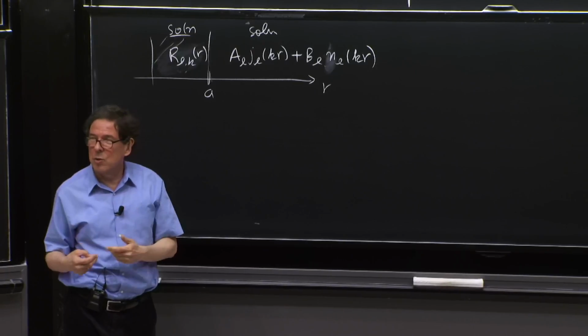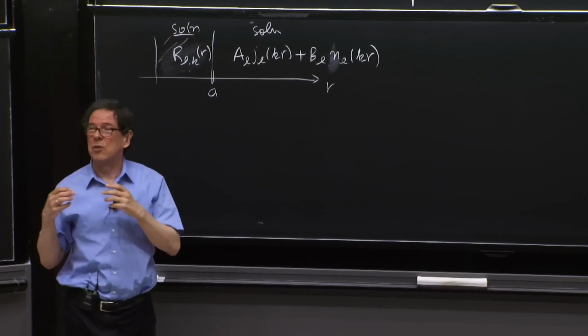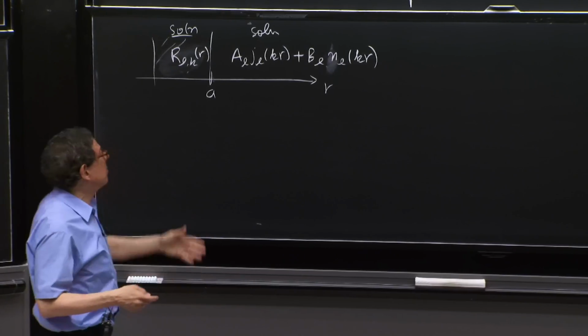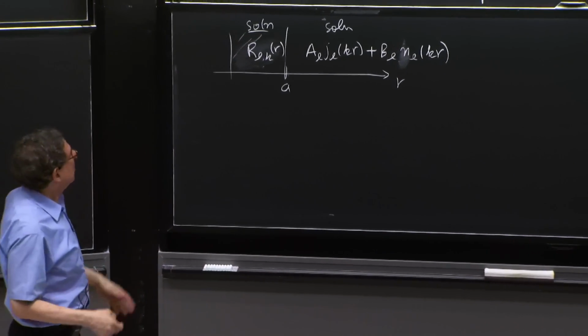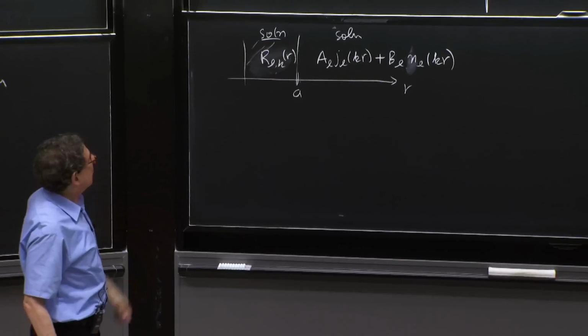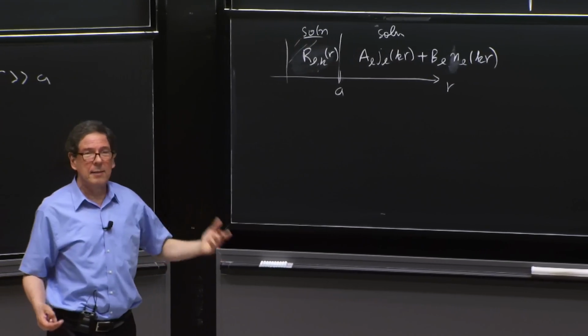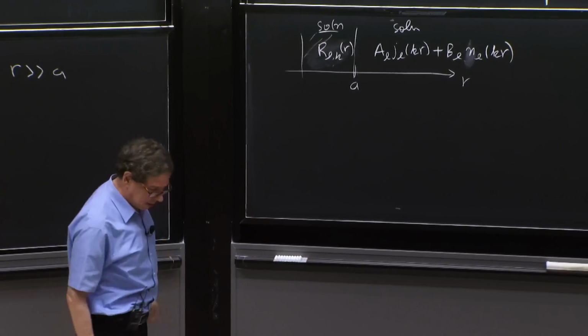There's a discontinuity in the derivatives, and the wave functions do have to match. So let's assume that in general there's no delta function there. If you had a delta function, you could do a similar case.